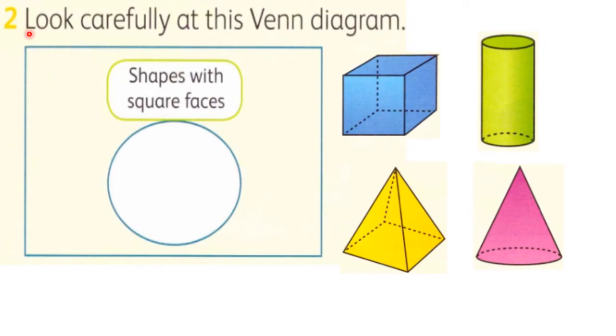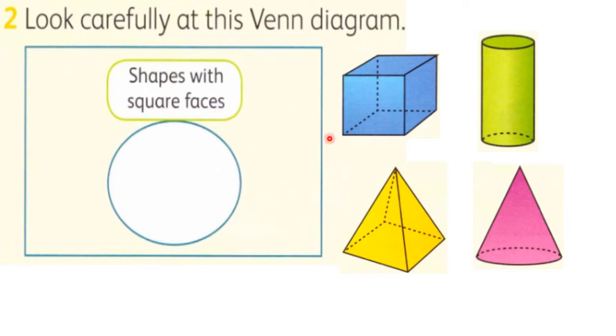Question 2. Look carefully at this Venn diagram. Sort them reading the rule. Shapes with square faces.